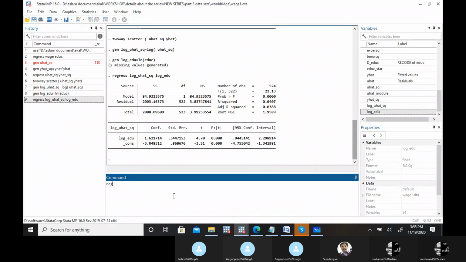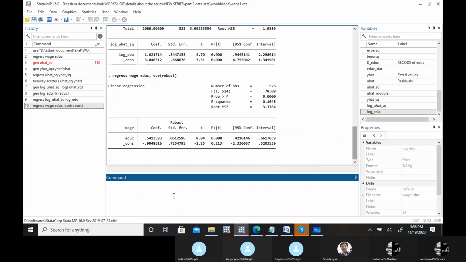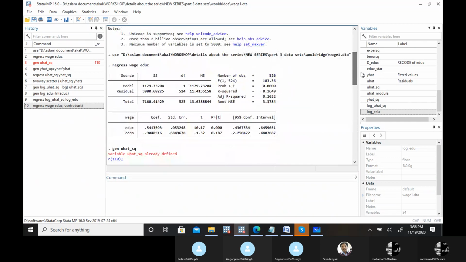The second method is to simply run your regression, like wage and education, but not with simple standard errors, with robust standard errors. Now try to see the difference in the results.